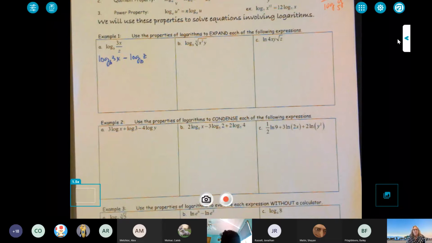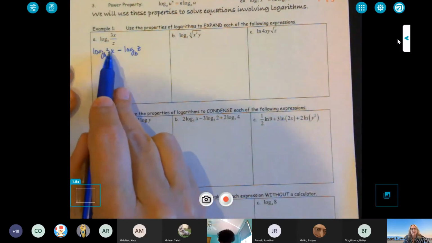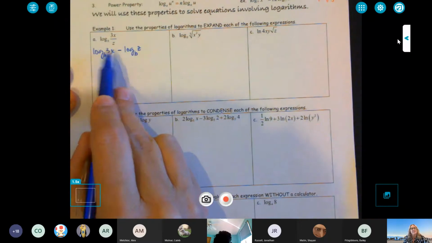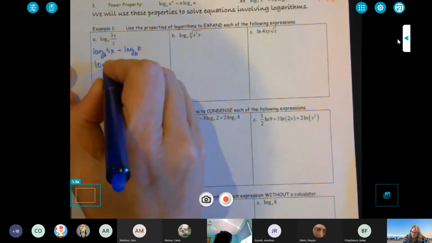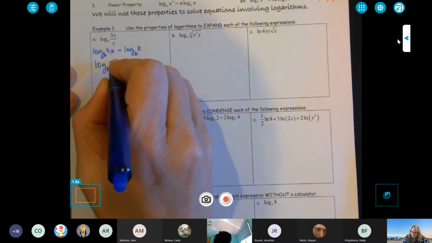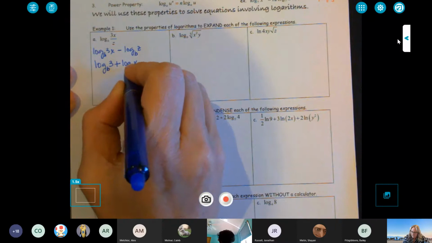So the one thing that people will miss is the product. I said no products, no quotients, and no exponents. But what people miss is this 3x right here. This is a product. This is 3 times x. So you need to take the log of the first plus the log of the second, which is the x.